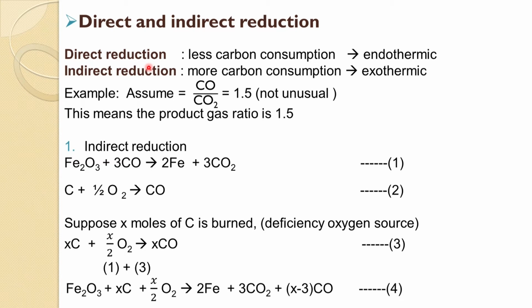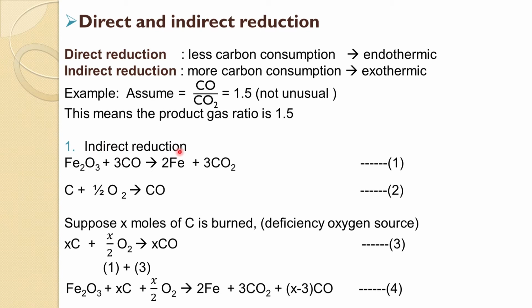So, let us take an example, first the indirect reduction. Usually the CO/CO2 ratio is about 1.5 in the blast furnace, which we can assume is quite usual. That is the product gas ratio.